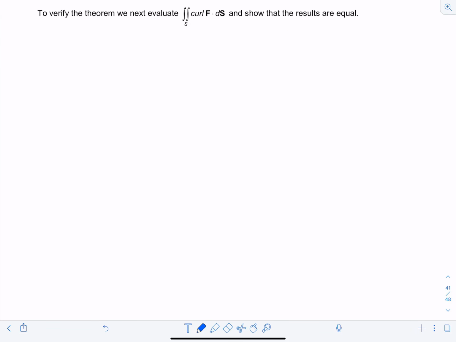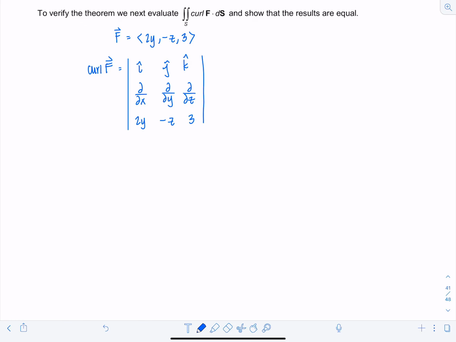Okay, so if you'll remember, F, our vector field, had components 2y, negative z, 3. So in this integral I need the curl of F. Now we're actually going to use that curl business. So we have i hat, j hat, k hat, del x, del y, del z, and then put your vector field in the bottom row, 2y, negative z, 3.